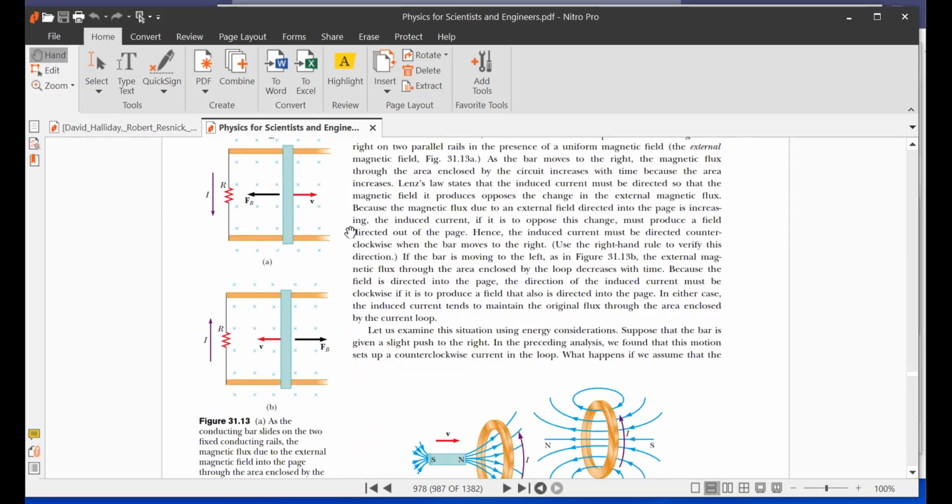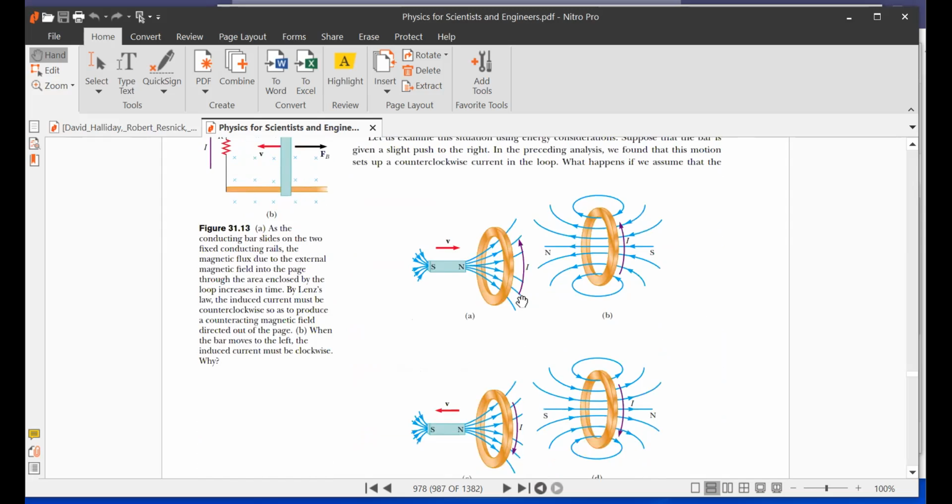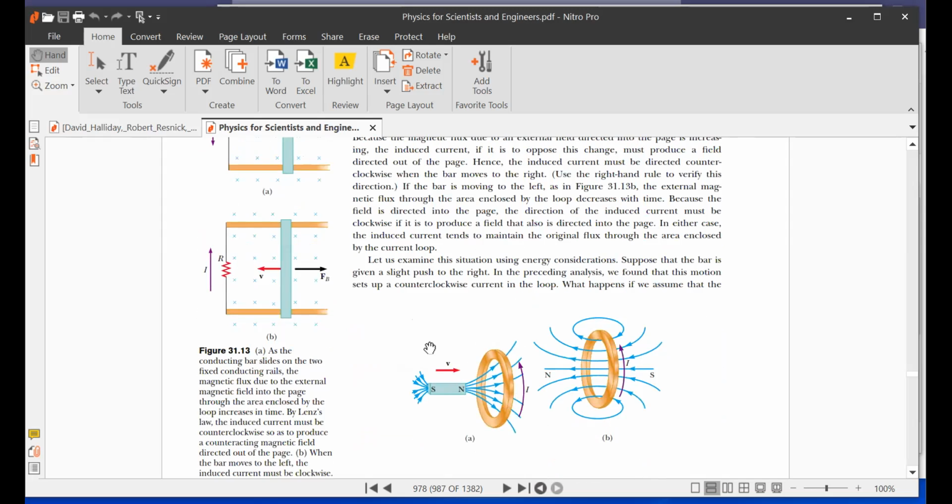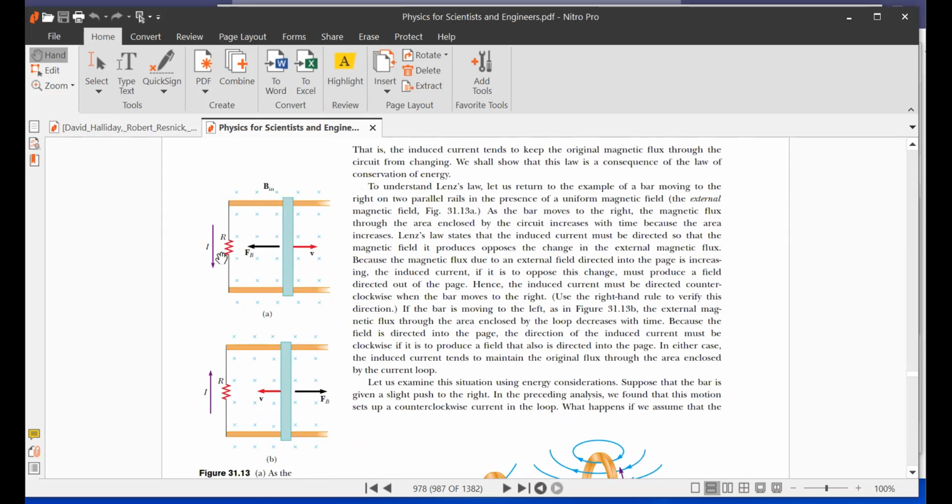The above picture is equivalent to saying that we have a magnetic rod moving toward a coil. It means that in this picture, the magnetic flux increases. Why?